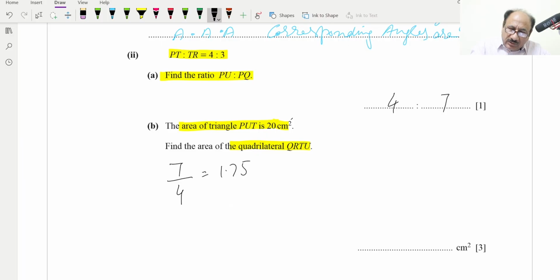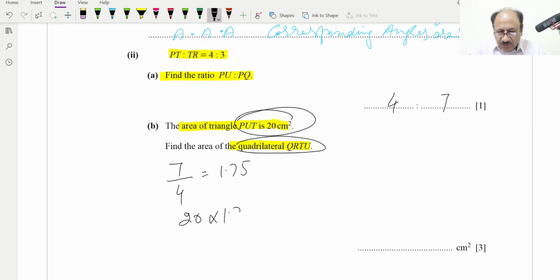Now the smaller triangle is given, so find the area of the bigger triangle. Basically the quadrilateral we have to find. First we'll find the bigger triangle, and we will multiply 20 by 1.75. So this will be the area of the bigger triangle.